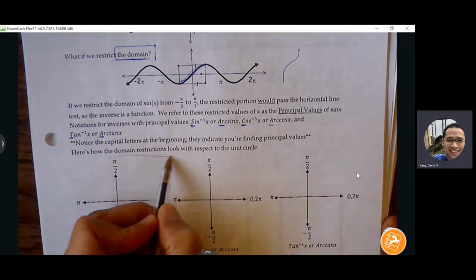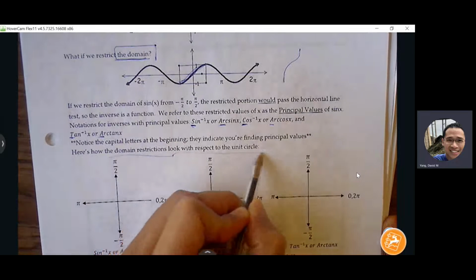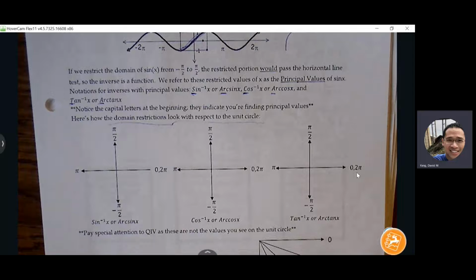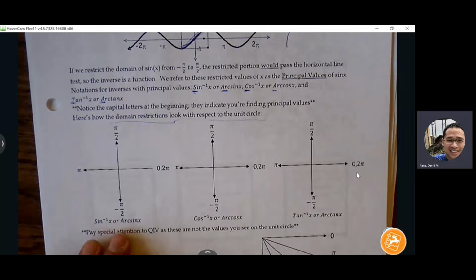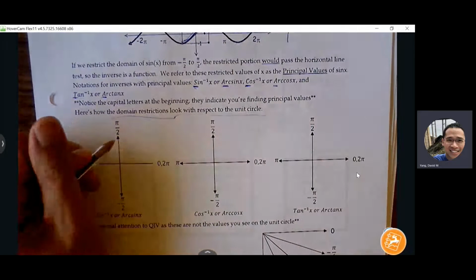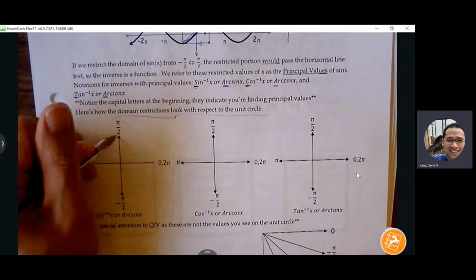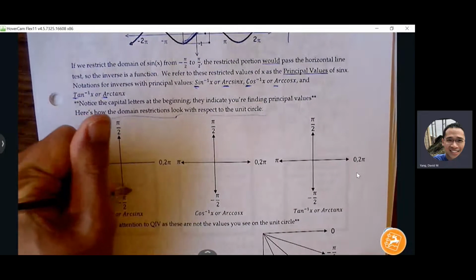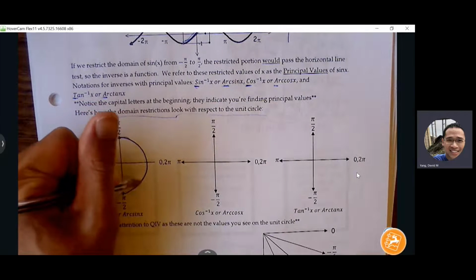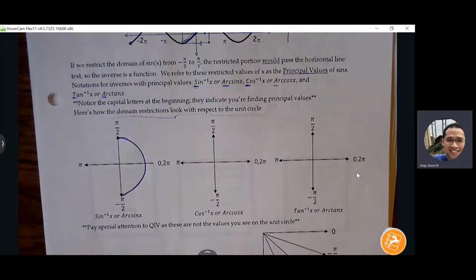And here's how the domain restrictions will look with respect to the unit circle. So if we're trying to find inverse sine, arc sine, we're only going to restrict ourselves to values between the fourth and the first quadrant. So sine is only going to be restricted to this. Okay.